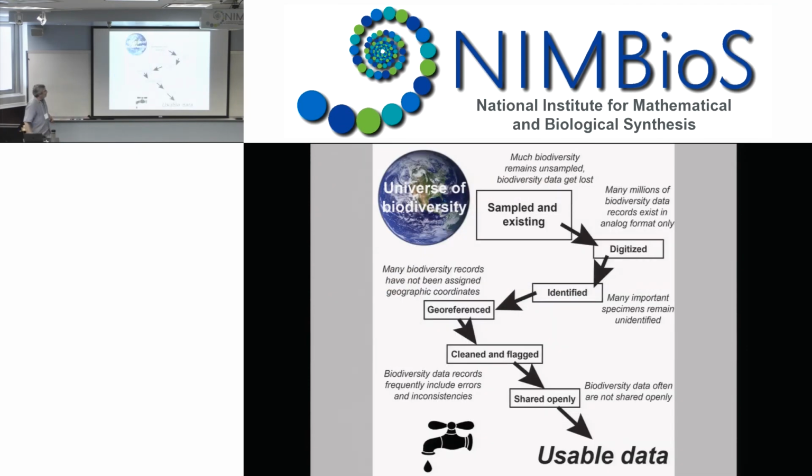So essentially, if we look at the universe of biodiversity out there in the natural world, we can see this big process of leakage of knowledge. And so, obviously, all biodiversity in all places on Earth has not been sampled. But some subset of it has been sampled.